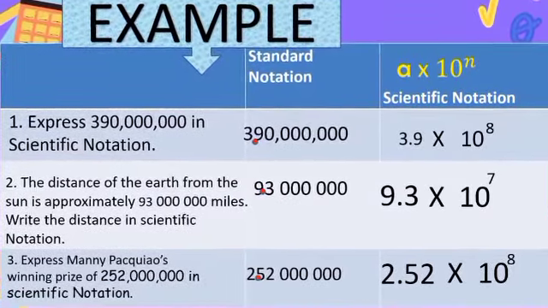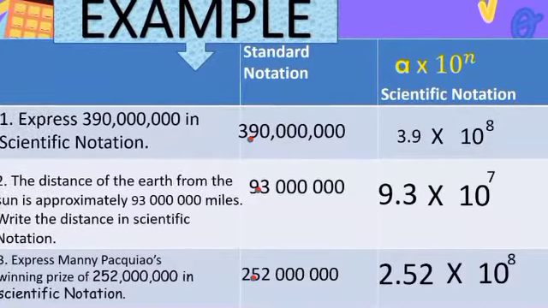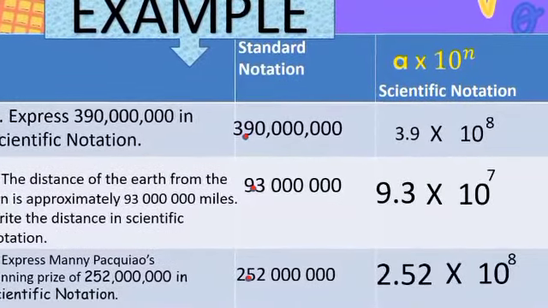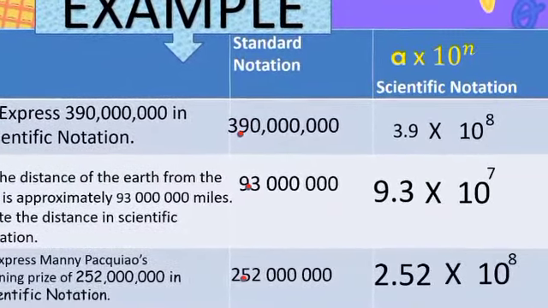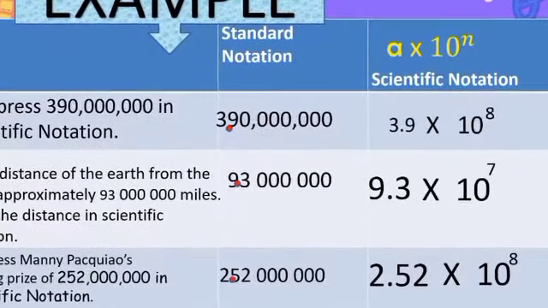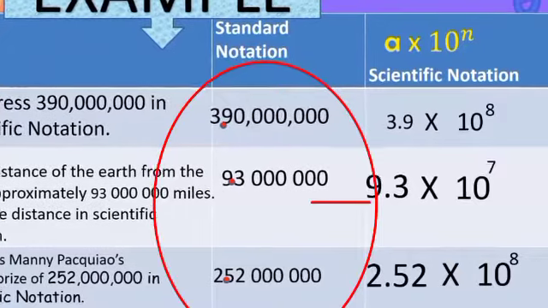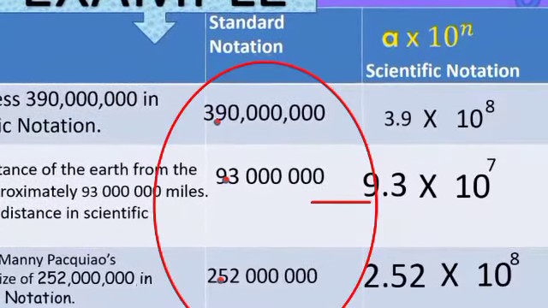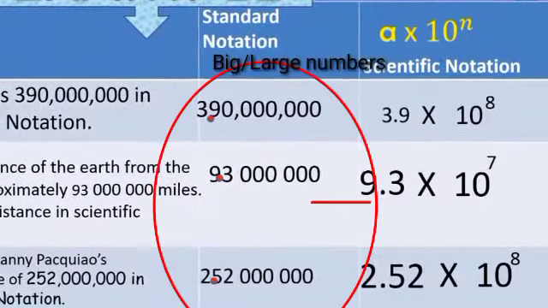So, kung mapapansin nyo, anong napansin nyo sa ating standard notation nung in-express na natin into scientific notation? Lahat ng in-express natin dito ngayon ay big or large numbers. Diba? Billions.